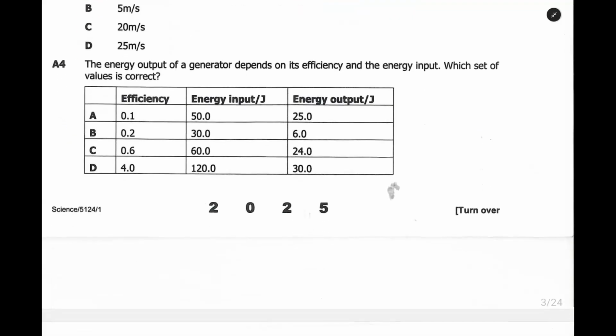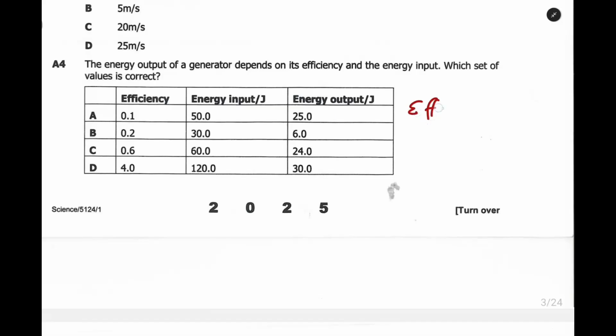The energy output of a generator depends on its efficiency and the energy input. Which of the set value is correct? So what does it mean? Here they just want us to, how do we calculate efficiency if you're given energy input and energy output? And we need to find efficiency in decimal before we multiply with 100.